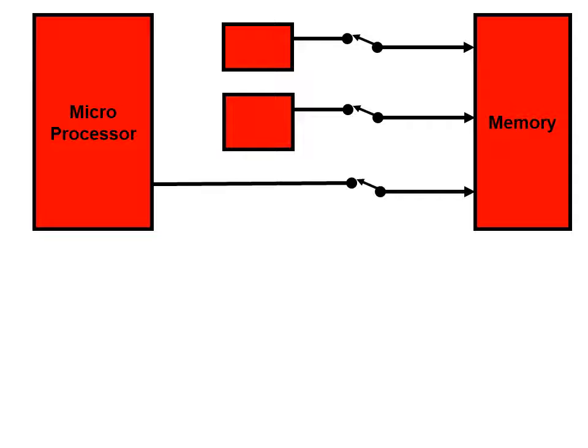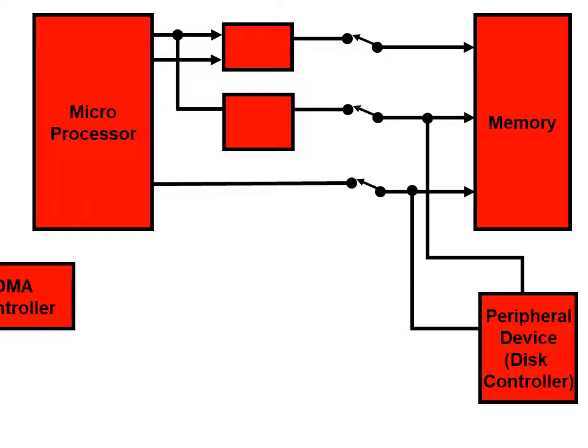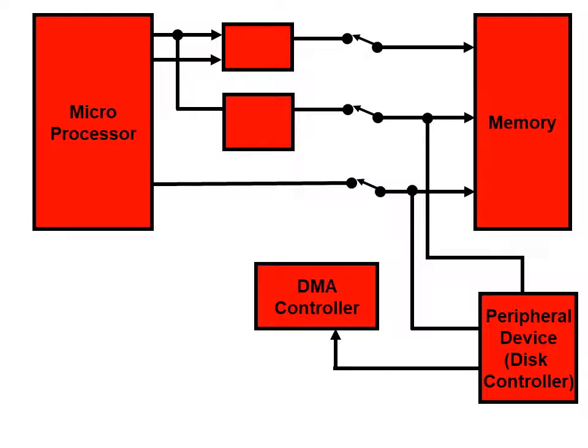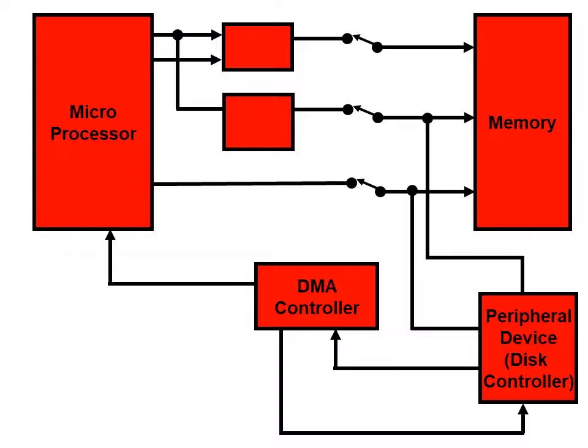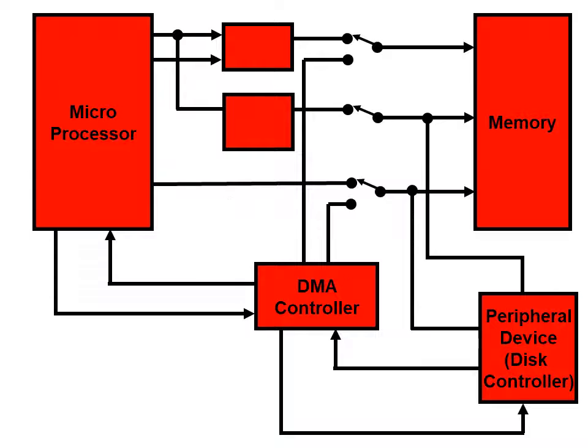In this diagram, you are seeing the microprocessor, memory, peripheral device and DMA controller. Suppose this device wants to transfer data from memory to the peripheral IO device or IO device to memory.